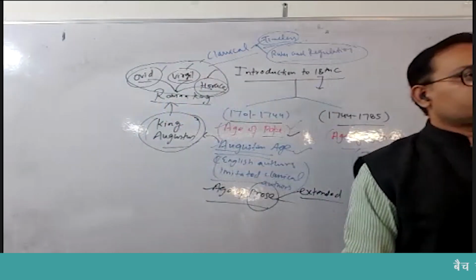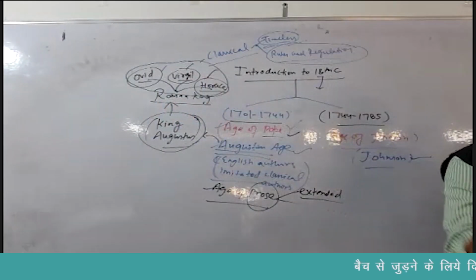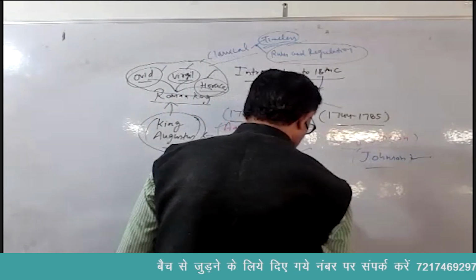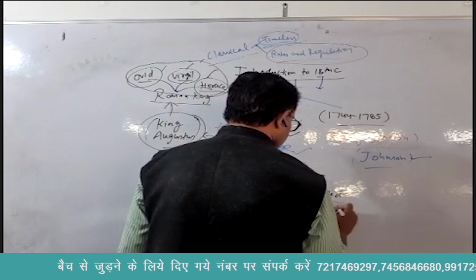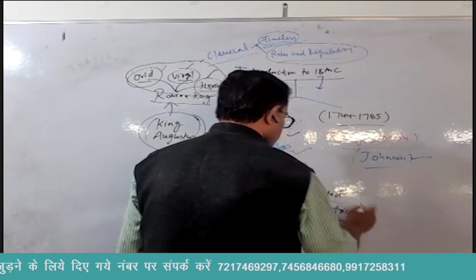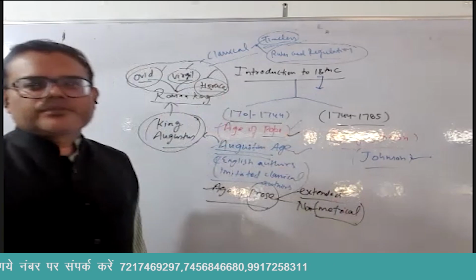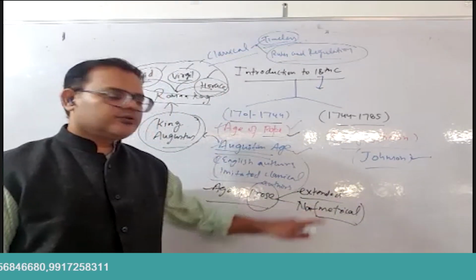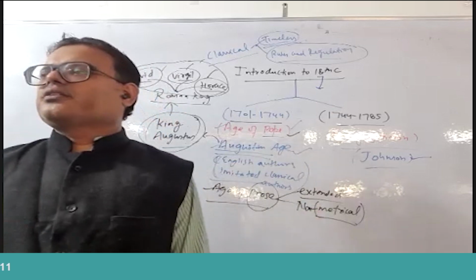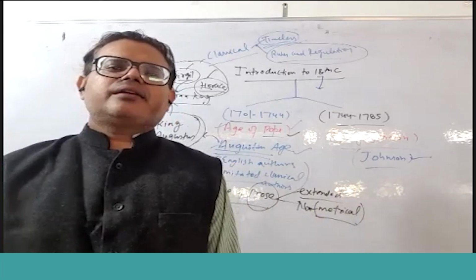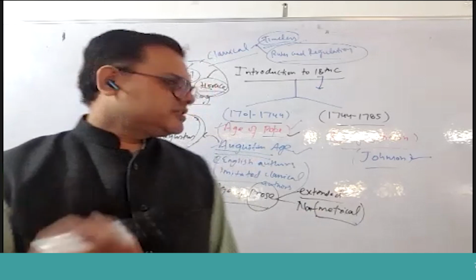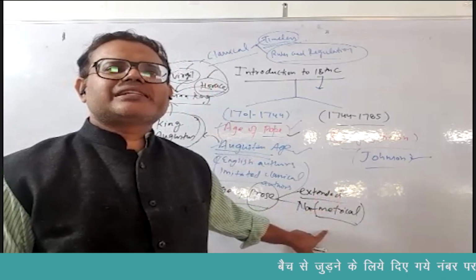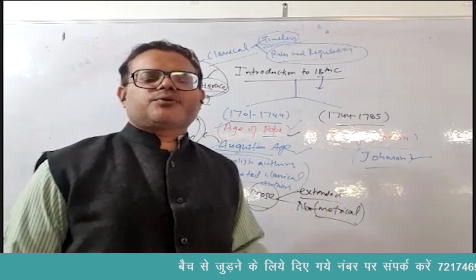What is the second feature of prose? Non-metric. Very good. So prose has to be non-metrical. That means prose should not include meter, and meter is arrangement of syllables. So any written composition which is extended and which does not use meter will be called prose.